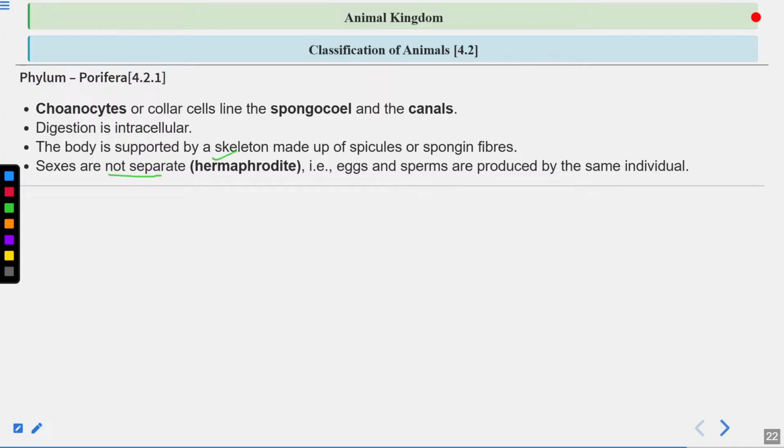Hermaphrodite means the organism is having both the organs, both male reproductive organ as well as female reproductive organ. Such organisms in which both the male and female reproductive organs are found are called hermaphrodite. They give rise to eggs and sperms and produce the same individuals.